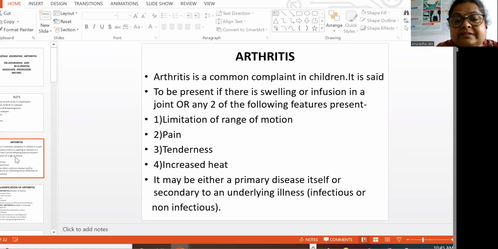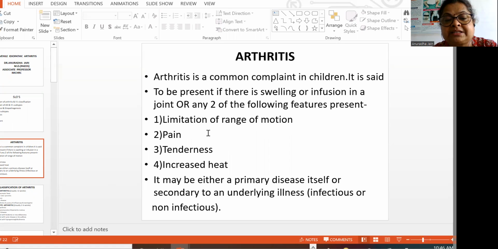So what is arthritis? It is a common complaint in children. Arthritis is said to be present if there is a swelling or effusion in a joint, or any two of the following features are present. So when you say that it is arthritis, there should be either swelling or effusion of a joint, and any two of the following features.